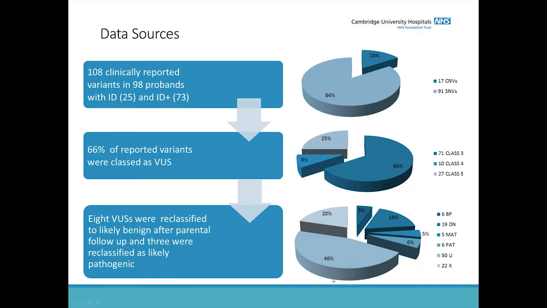By looking at the genomic location of the variant as well as the inheritance, I can see that 20% of our reported variants map to chromosome X, 18% of the variants are de novo, and 5% of the reported variants are homozygous variants in consanguineous families. We're left with about half of the variants with unknown inheritance, and some of these are being followed up subsequently.